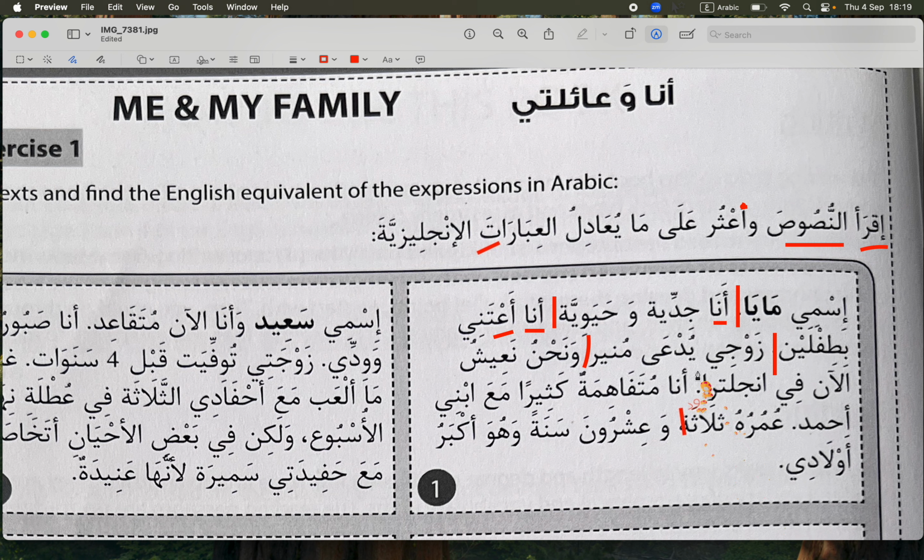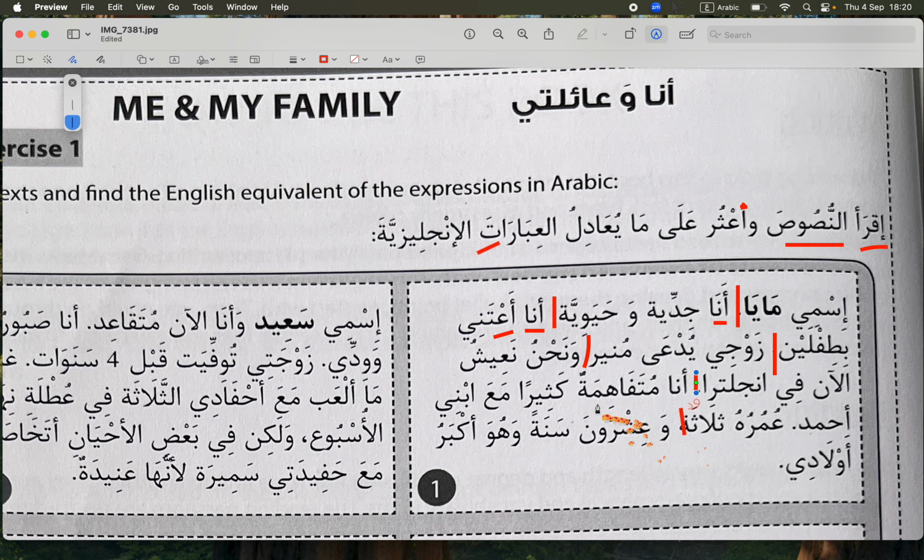So that's now another sentence. I'll draw this line so that you can distinguish where the sentence ends.